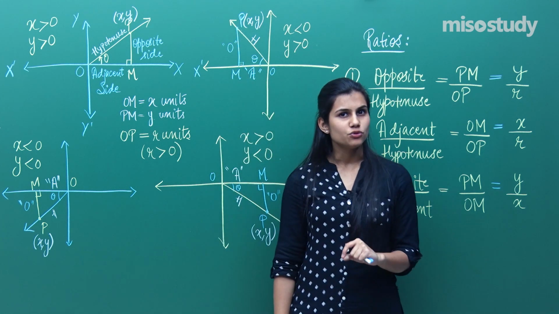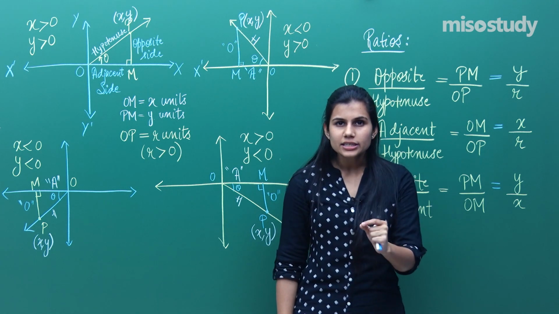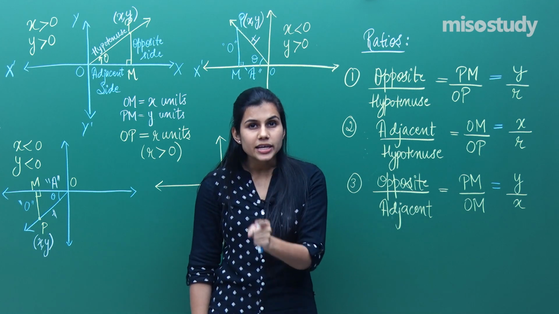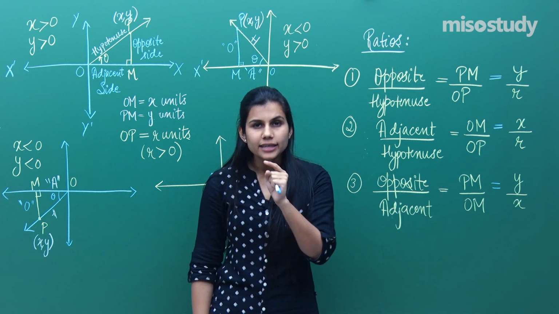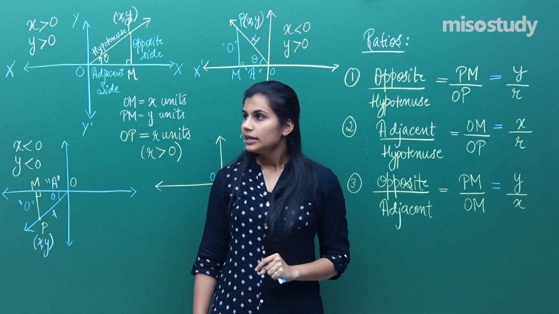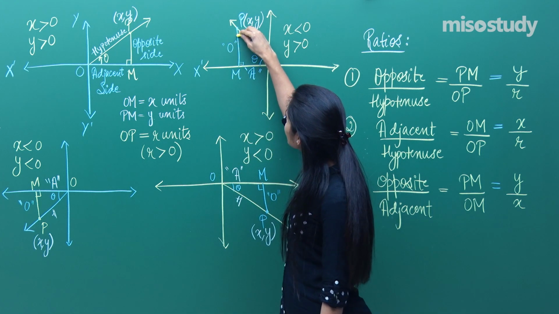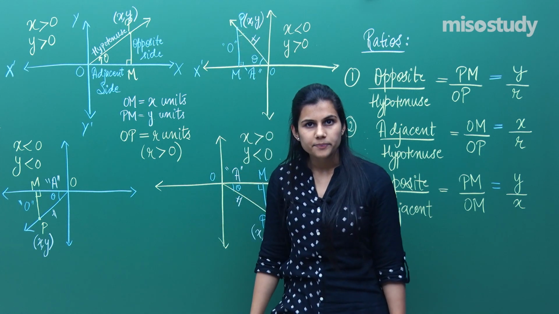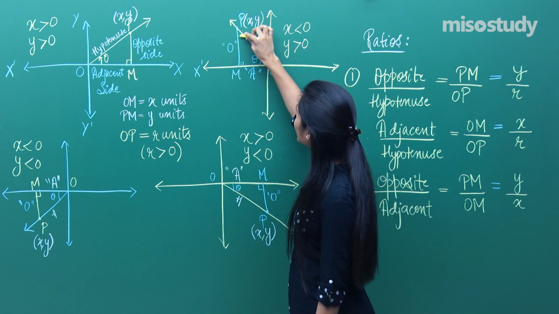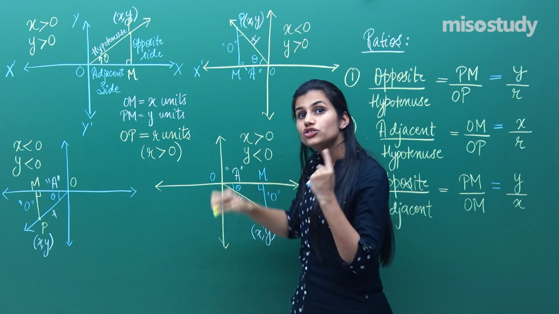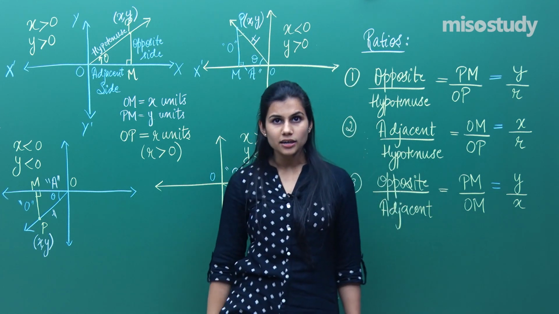Again, let me remind you that we got these adjacent and opposite sides with respect to a fixed acute angle inside the triangle of reference. If you change this angle theta and take this angle to be your theta angle, in that case, the side opposite to this new angle is the same as the adjacent side to the angle theta.